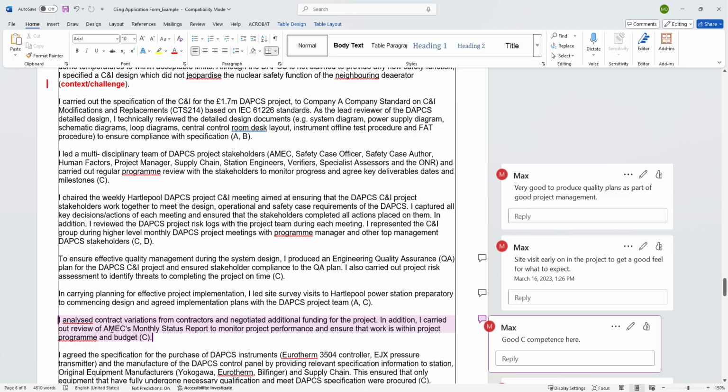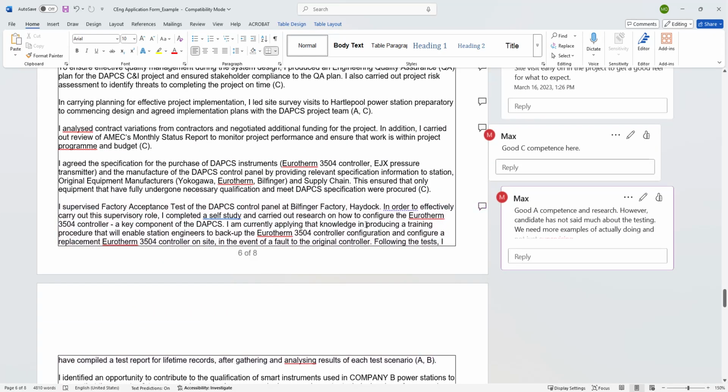Because the candidate analyzed contract variations from the contractors and negotiated additional funding for the project. In addition, the candidate carried out a review of the monthly status report of the vendor to monitor project performance and ensure that work was within project program and budget. Very good C competence example.